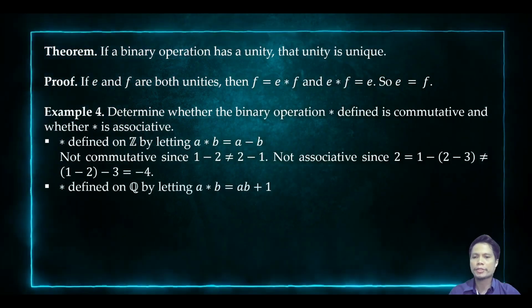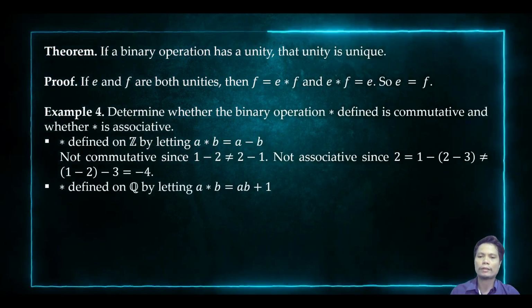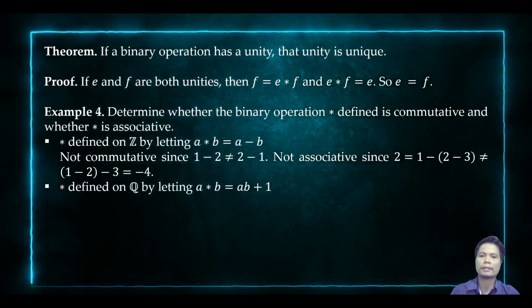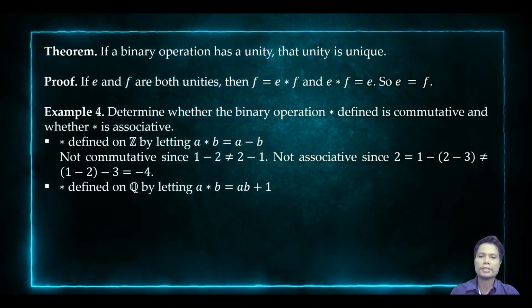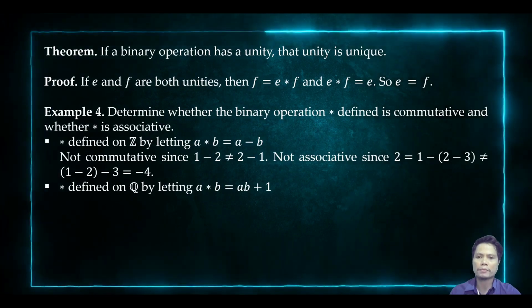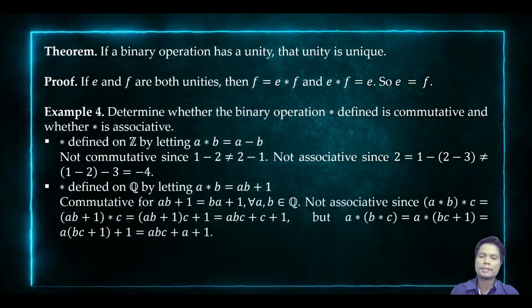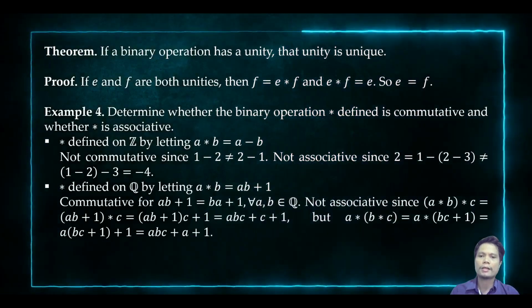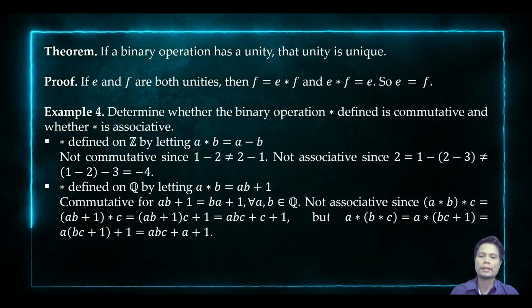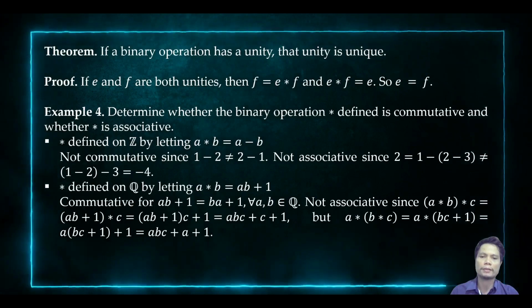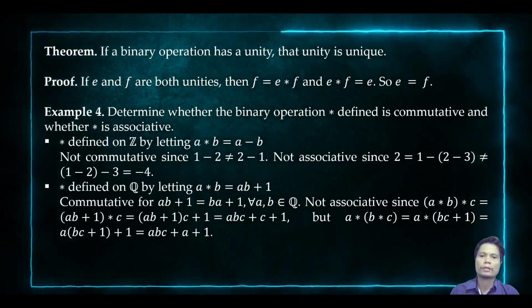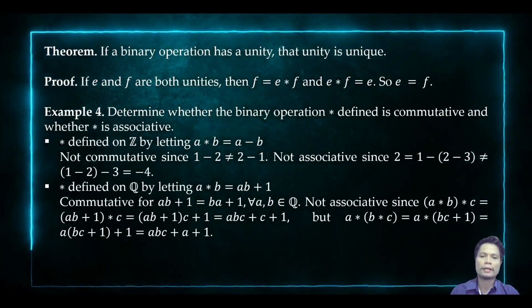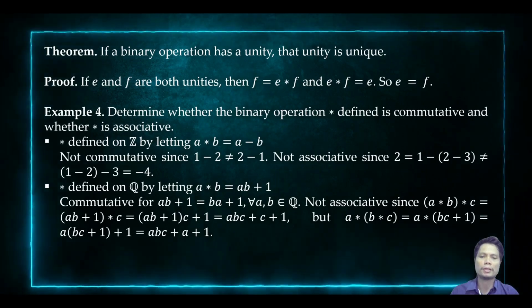The binary operation defined on the set of rational numbers by letting a binary operation b is equal to ab plus 1. This is commutative since ab plus 1 is equal to ba plus 1 for all a and b an element of rational numbers.